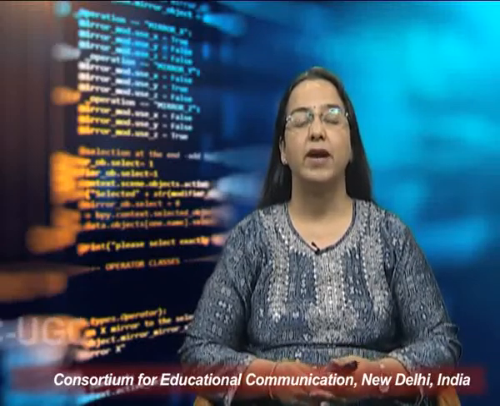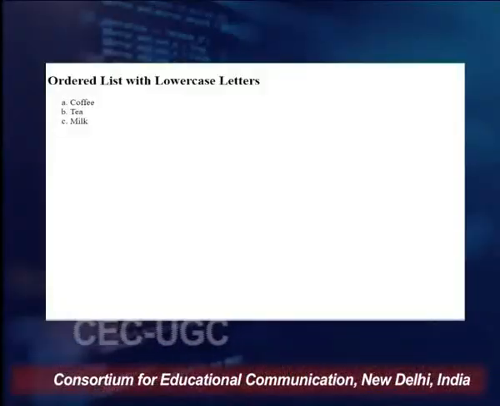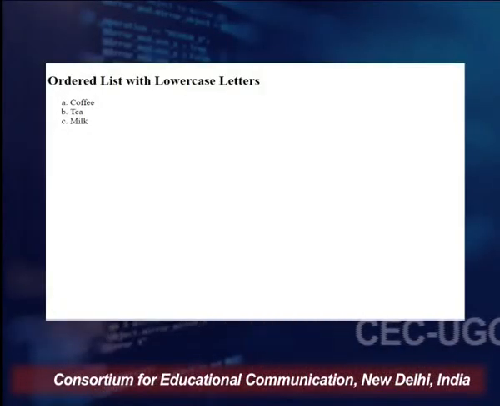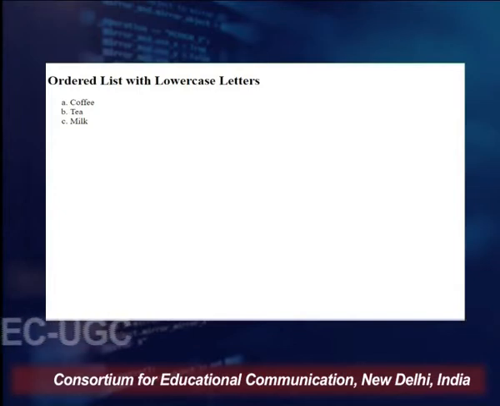We will write ordered list type is equal to small a. In case of small a, this will be the output: a, b, c in small letters.